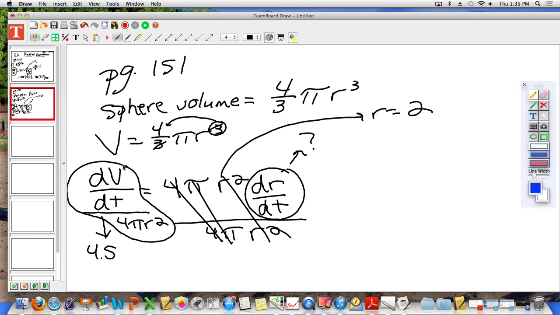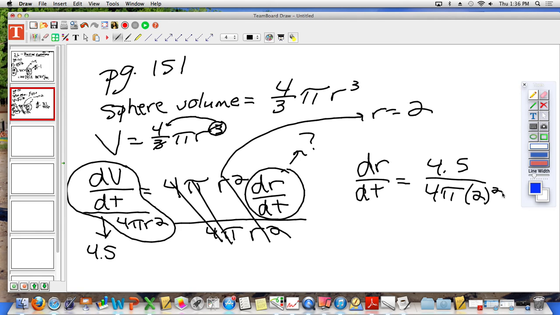So, dr/dt, the radius is changing at dV/dt, which we now know is 4.5, so we take 4.5 and divide it by 4 pi r squared. What is r? We figured out that that was 2, so 4 pi 2 squared.